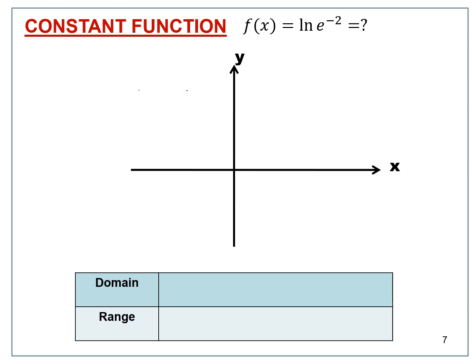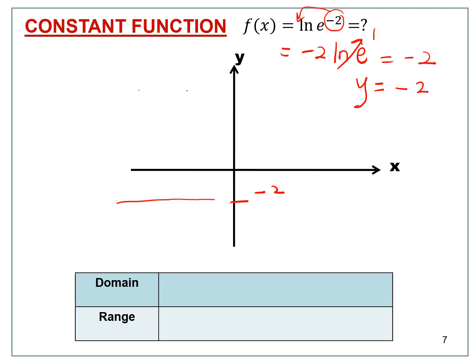f(x) equals ln e to the power of -2. This equation we simplify first. So you get -2 ln e, because the -2 we can put in front. ln e is 1, so you get -2. Now your equation is y equals -2, a constant function. Now put -2 here and draw the constant line.